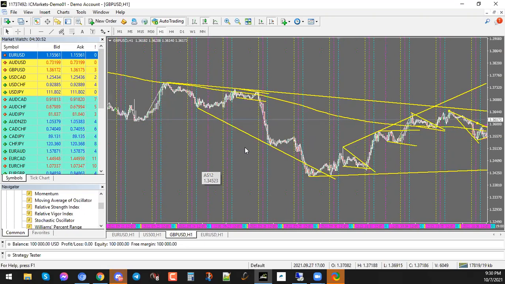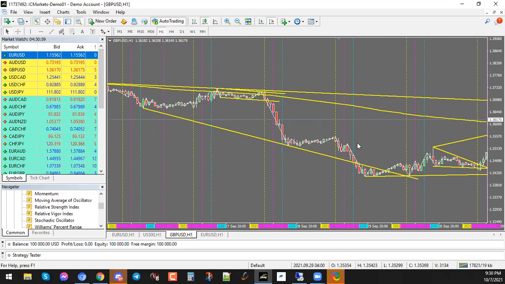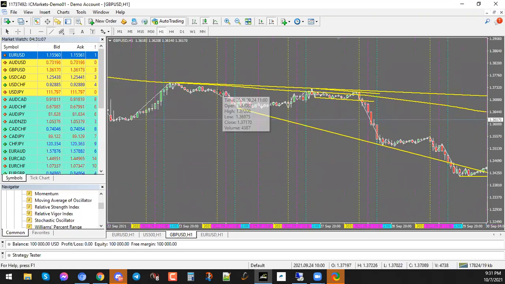Okay. So let's try to make this a little bit bigger just to make sure you guys can see. Inside of this pattern formation to the downside, we also have other trends, right? So these are more like lower degree trends. This is where the market opened around here. This is the low of the day. So we start here, and if you extend this out like that, you can see that we have a lovely trend.